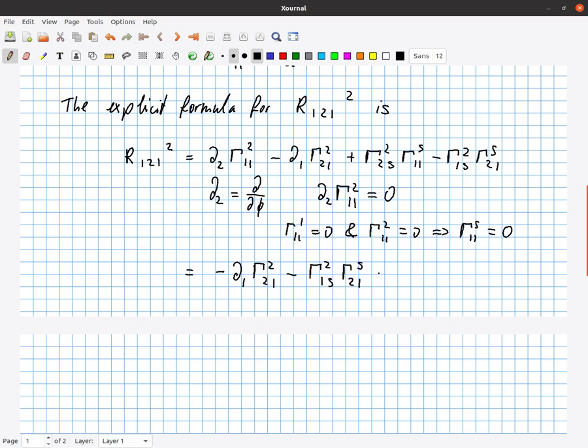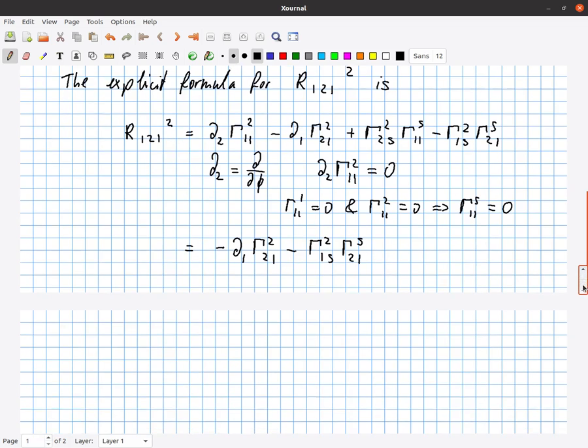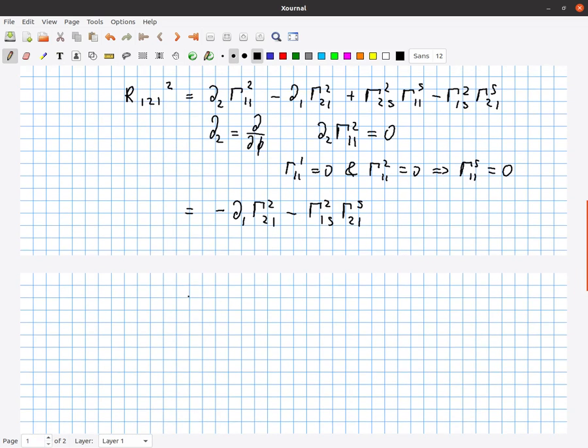Only one summation left over. We can now write this out explicitly. Minus partial 1 gamma 2, 2, 1 minus gamma. The summation is over both index values 1 and 2. This means gamma 2, 1, 1 gamma 1, 2, 1 minus gamma 2, 1, 2 gamma 2, 2, 1.